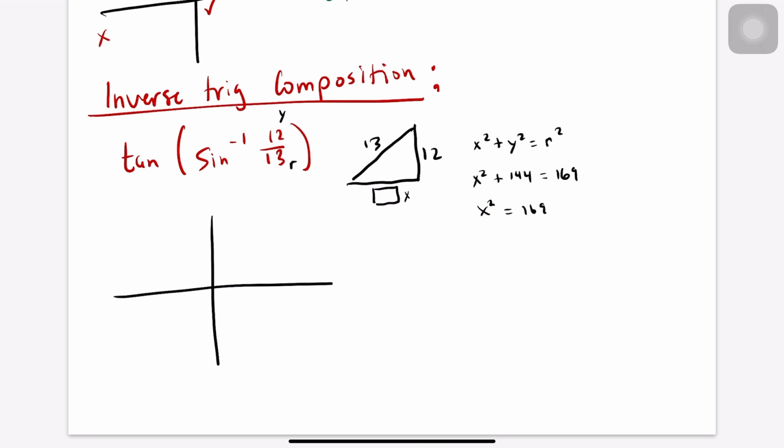So 169 minus 144, let me see, I believe that's 25, right? So that's 25. Then that means my x is equal to 5. Okay. All right. Correct me if I'm wrong, right? But I believe x is 5.